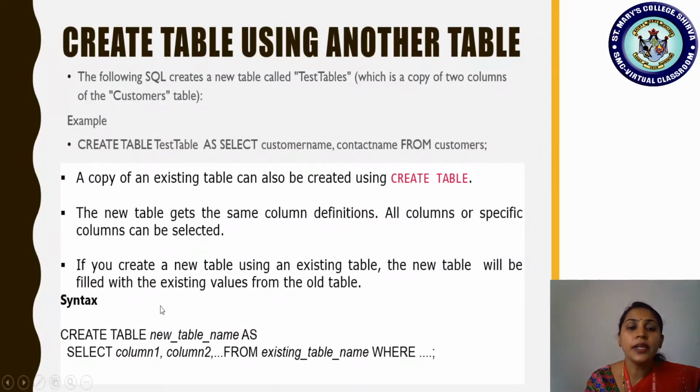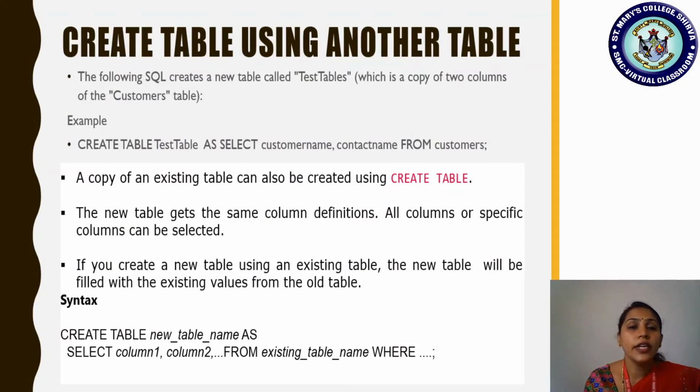The new table gets the same column definition, that is, the attributes which you are inheriting or copying belong to the same data type and the same size of that data type. Okay, so all columns or specific columns can be selected.